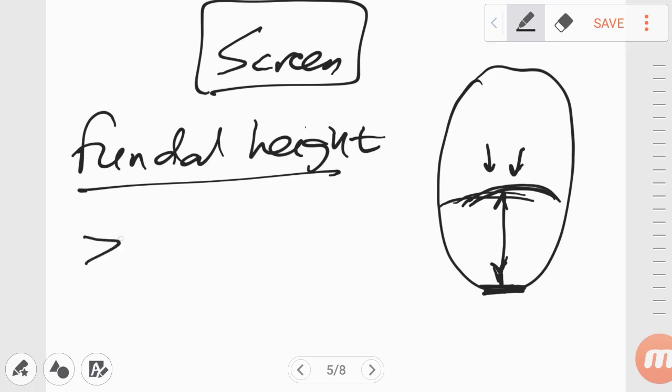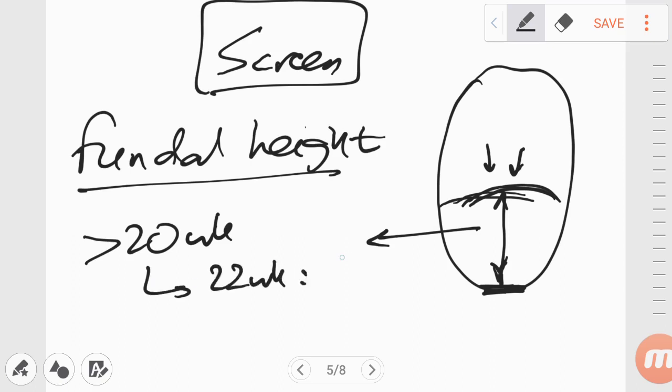After 20 weeks of pregnancy, often your fundal height will be equal to that same number in centimeters. So if the child is 22 weeks, the fundal height should be 22 centimeters.